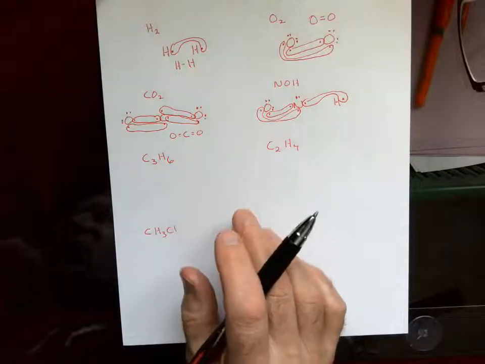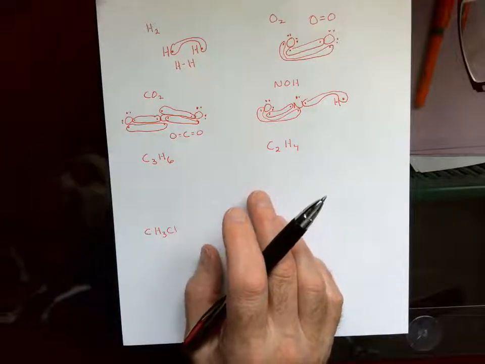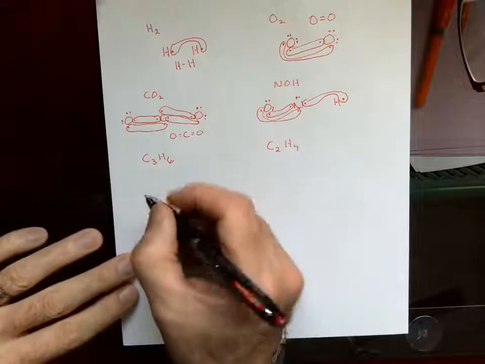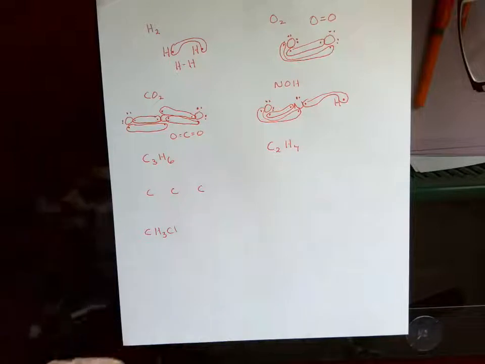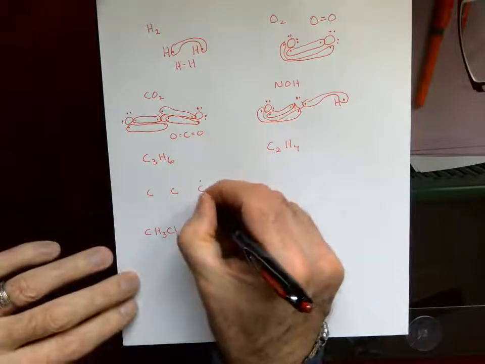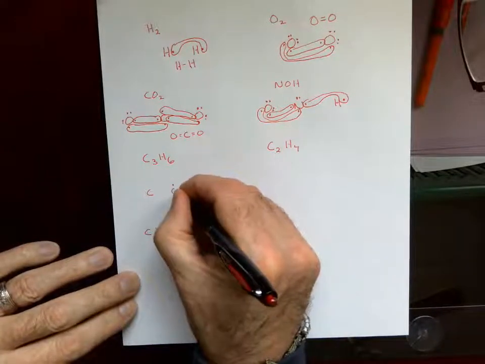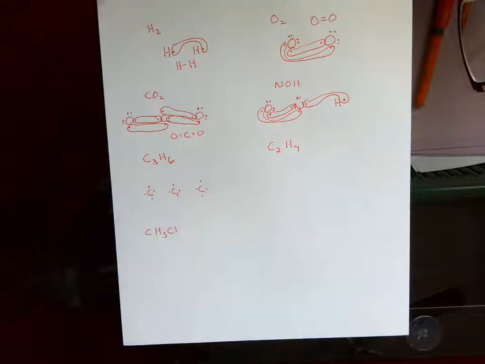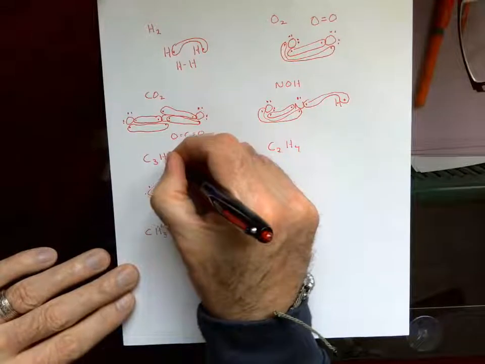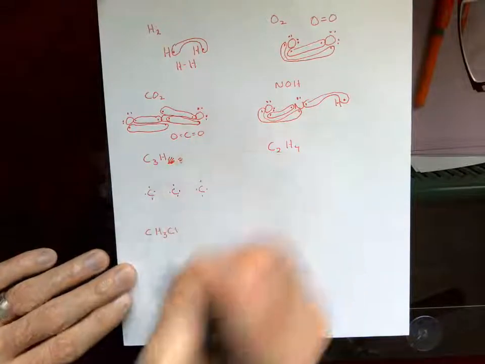Now, here's the last rule. Whenever you have more than 1 carbon in a drawing, line them up. So if you're dealing with carbons, line them up. This is a very important type of drawing. This is called organic. I'm going to change that C3 to C3H8.